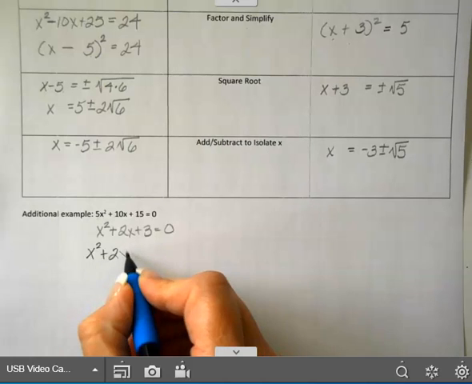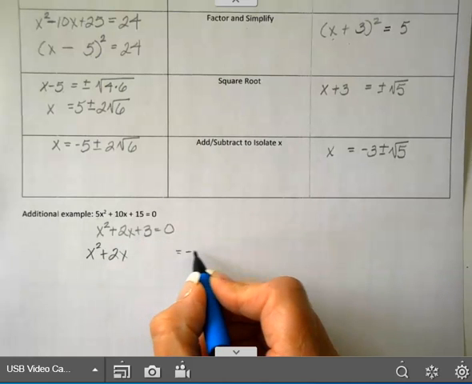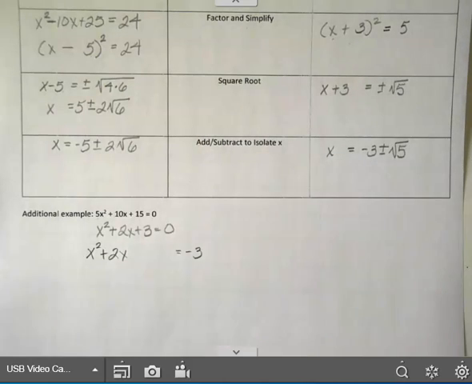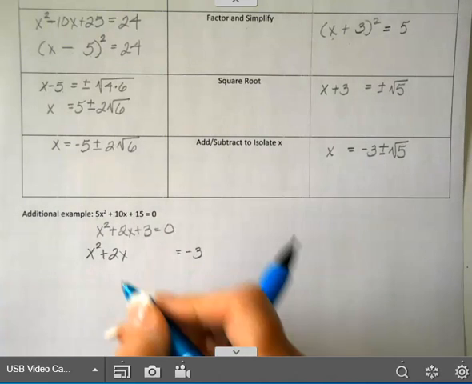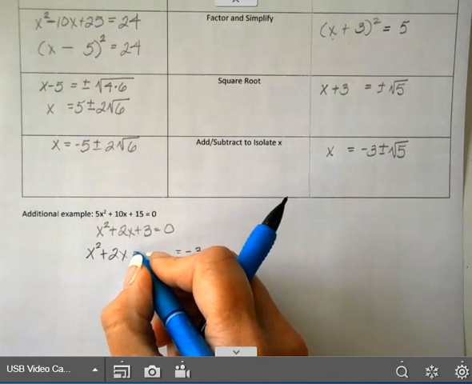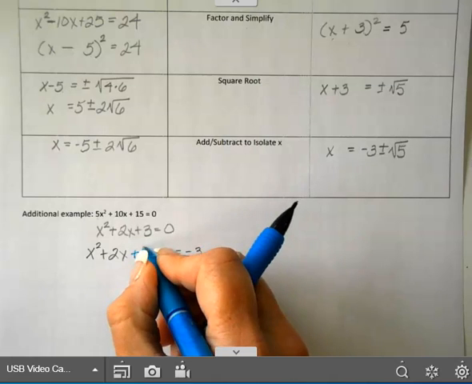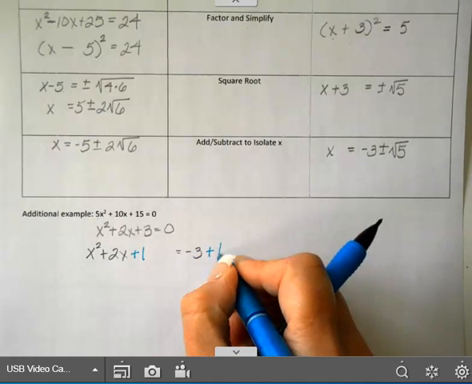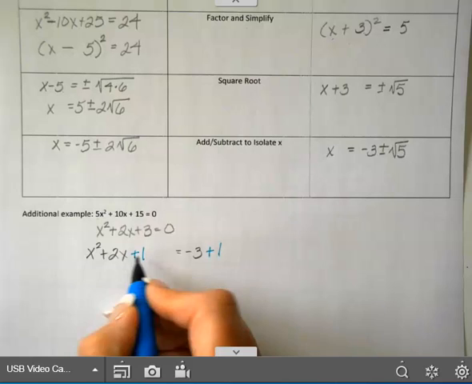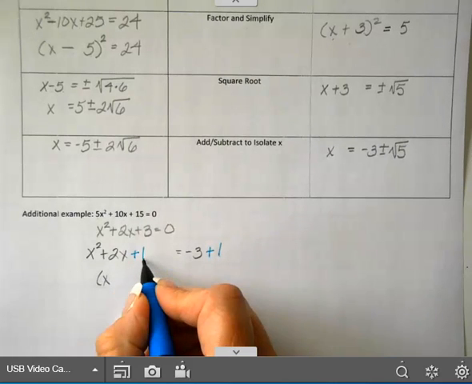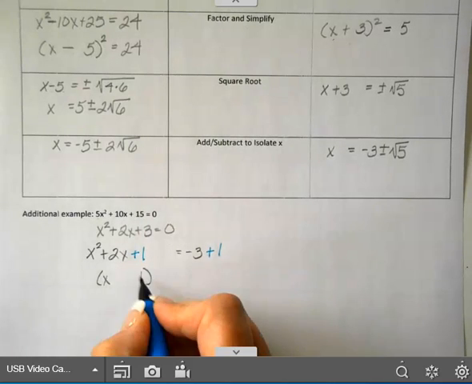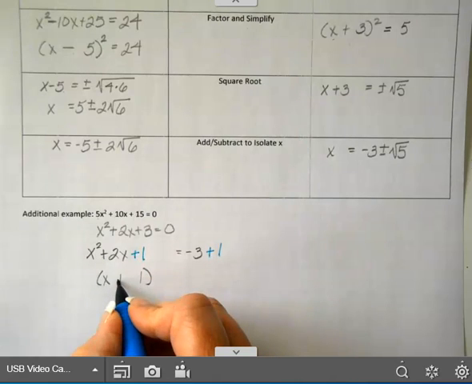I'm going to move the 3 to the other side, so subtract 3 from both sides. I want to take half of my middle term, which is 1, and then square it. 1 times 1 is 1. This is now a perfect square. Either take the square root of that or take half of that term. There's a plus that goes between them.